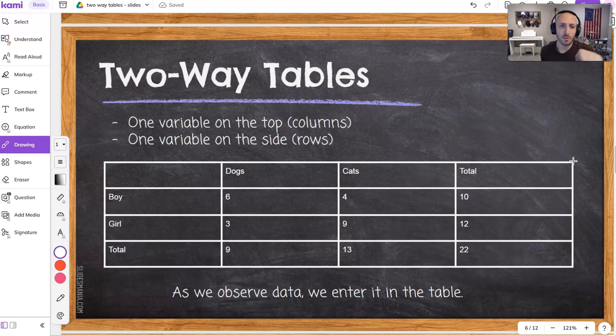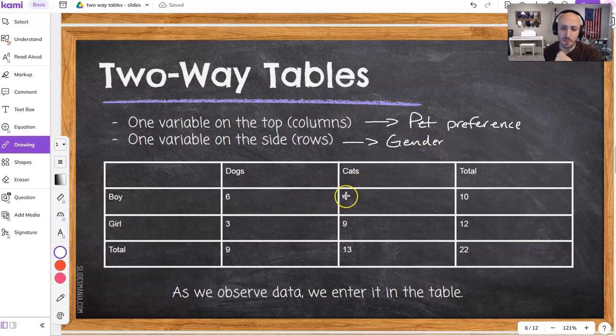So you can see we've got our first variable on the top here, dogs and cats. So our first variable on the top is pet preference. And then our second variable on the side here is gender.